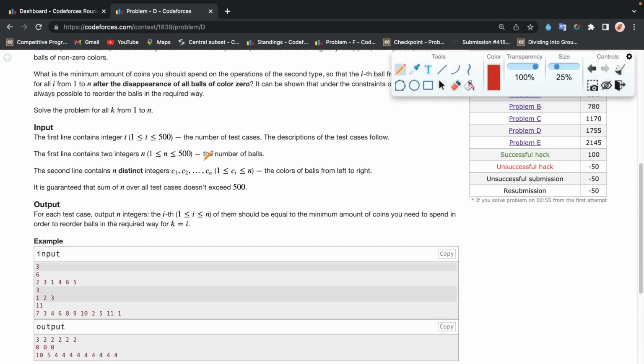Otherwise, use that thing and sort it in the proper order or something like that. Well, damn, this is hard to think about.